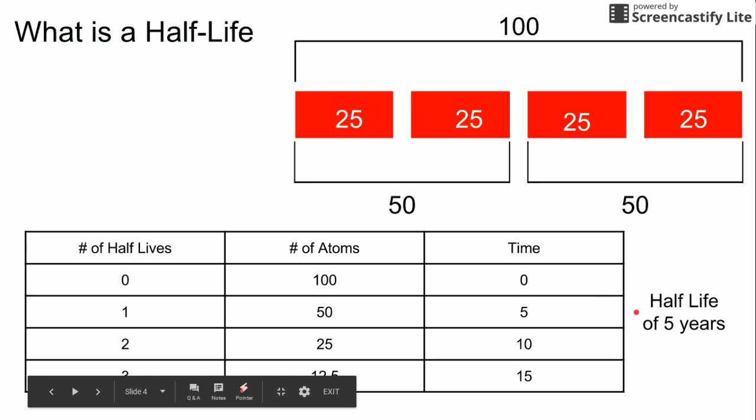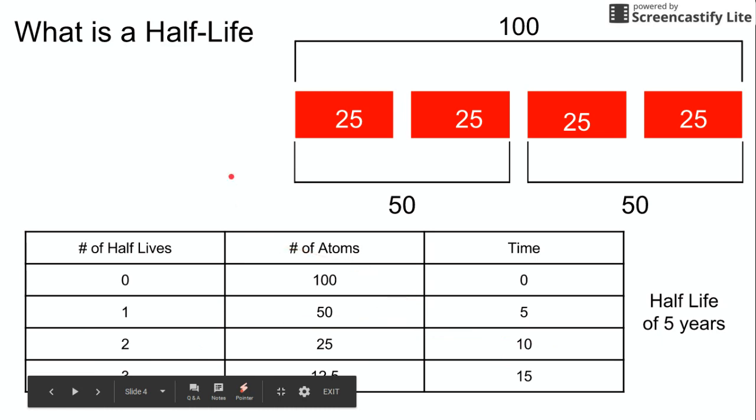I'm going to tell you right now that the half-life is 5 years. So since it's been 1 half-life, it's been 5 years. Now we take 50 and divide that by 2 again, which is 25. Since the half-life is 5 years and it's been 2 half-lives, 5 times 2 is 10.